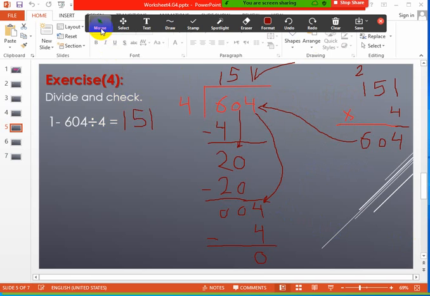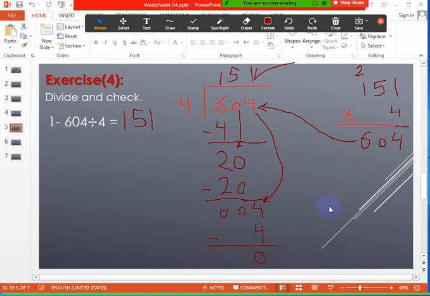Please, girls, I want you to type one now if you finish writing this exercise. Girls, please don't forget to revise the multiplication table again and again.